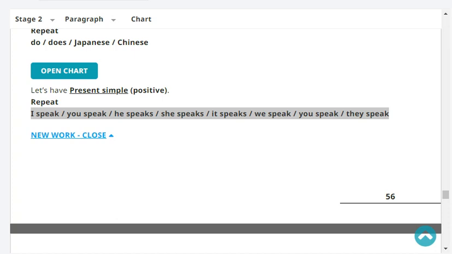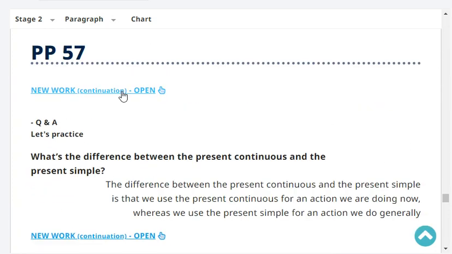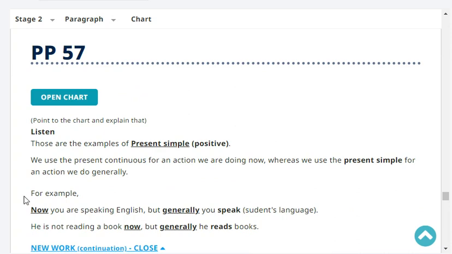Notice that for present continuous, we put the gerund ing, like they are speaking, you are speaking. For present simple, we don't add ing, we just add s for singular. He speaks, you speak, they speak. Those are the examples of present simple in the positive form.